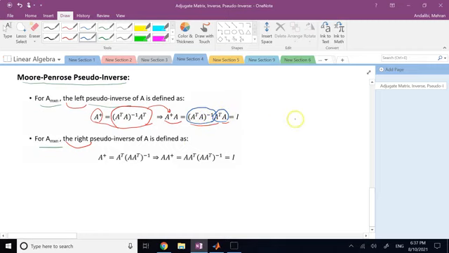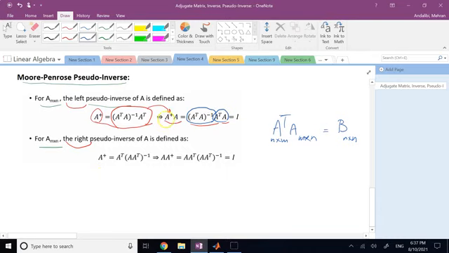The answer is yes, because A transpose A is always a square matrix. A is m by n, and A transpose is n by m. So the result is going to be, whatever it is, if you call it B, n by n. Okay, so since it's a square matrix, as long as it doesn't have a zero determinant, I can invert it. Good?